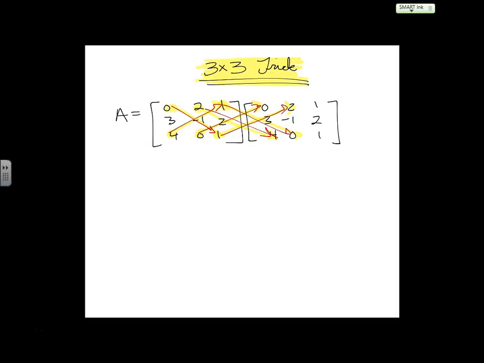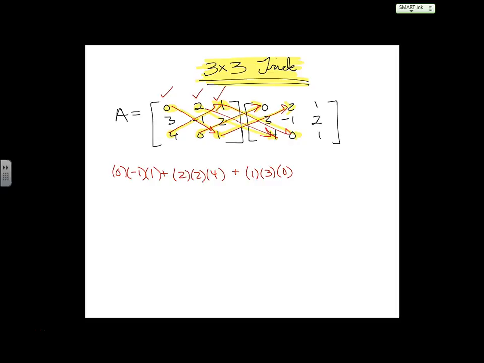So ready? You would do 0 times negative 1 times 1 plus, that's 1 main, 2 times 2 times 4, second main, plus 1 times 3 times 0, third main. Oops, I did the wrong one. Wouldn't it be 1 times 3 times 2? Oh, you're going that way.